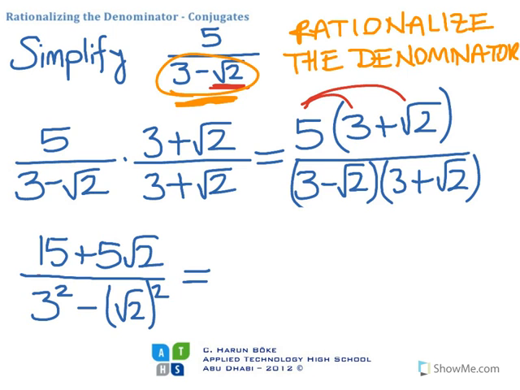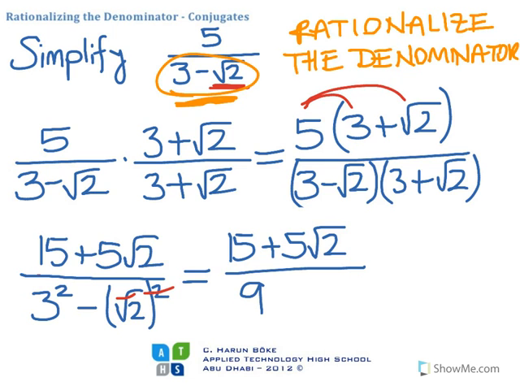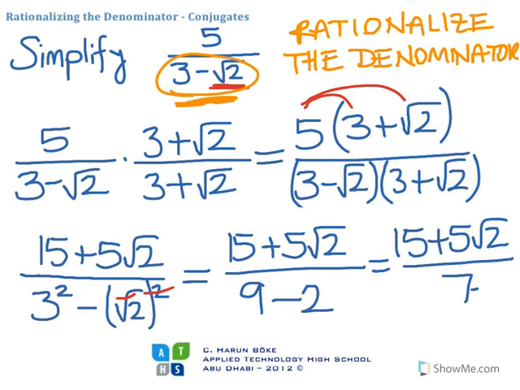At the top we can't do anything. It is 15 plus 5 root 2. But at the bottom, 3 squared is 9. Square root of 2 squared is 2. So it's 9 minus 2, which gives 15 plus 5 square root of 2 divided by 7.